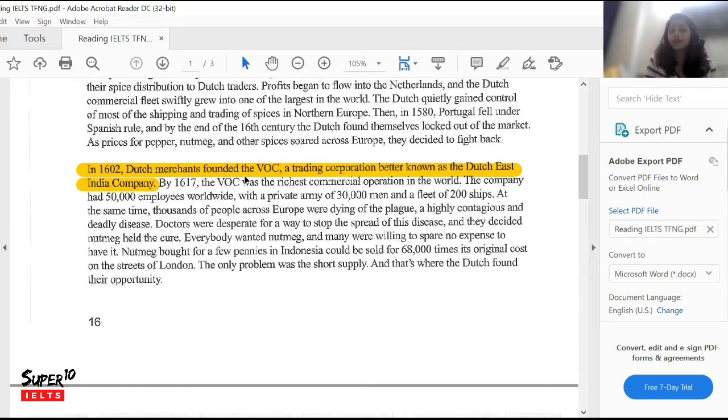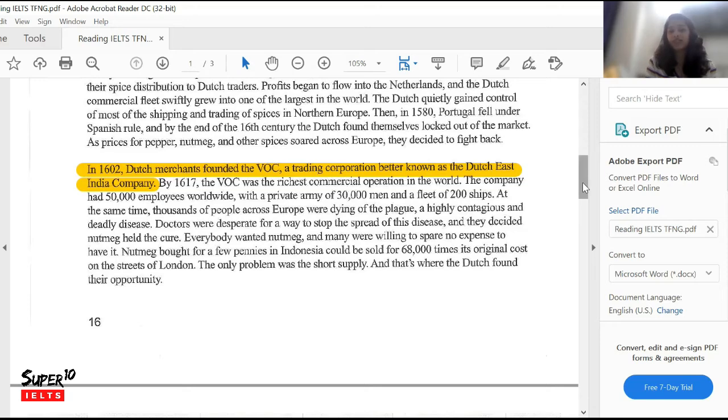Dutch merchants founded the VOC, a trading corporation better known as the Dutch East India Company. And if you read further, 1617, VOC was the richest commercial. The company had these many employees, a private army of this. So if you even read the entire paragraph, you can pause the video, an entire paragraph, just read it.